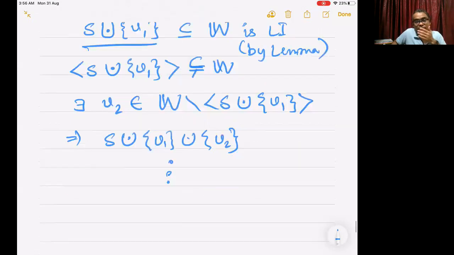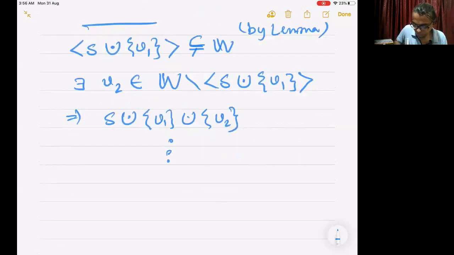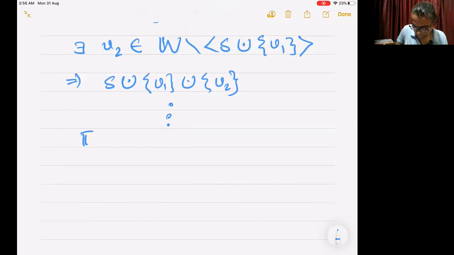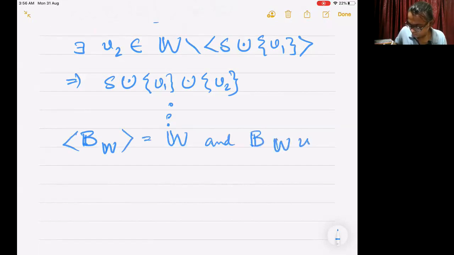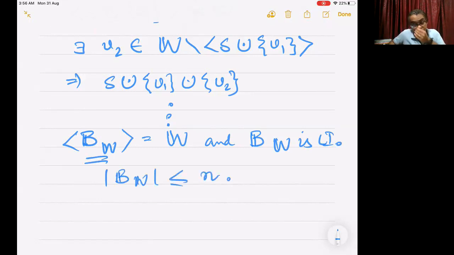Yeah, ultimately I will have a basis for W, say BW, which will be such that its span is equal to W and BW is linearly independent. Of course, the process has to end because this BW must also have its cardinality less than or equal to n. It cannot have more than that because BW is linearly independent. Its cardinality can never be more than n.